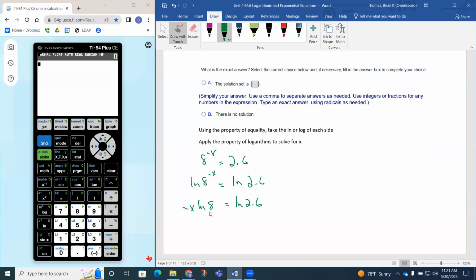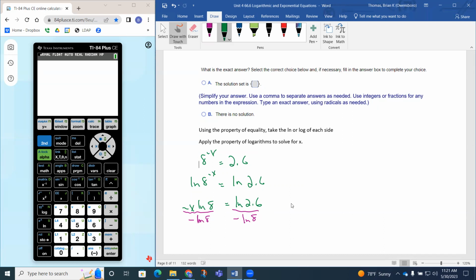Then to get x by itself, I need to get rid of the negative and the natural log of 8. So if I divide both sides by a negative natural log of 8, the negatives will divide out and become a 1, and the natural log of 8 will divide out and become a 1.